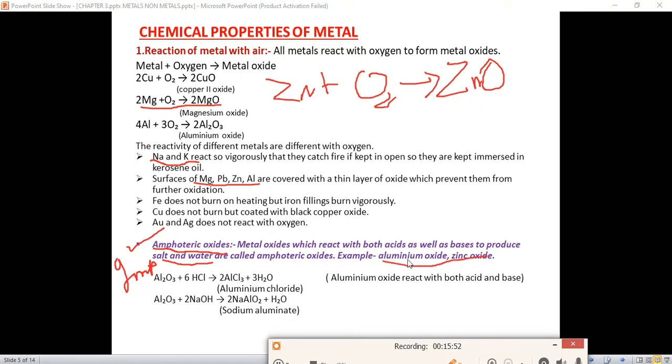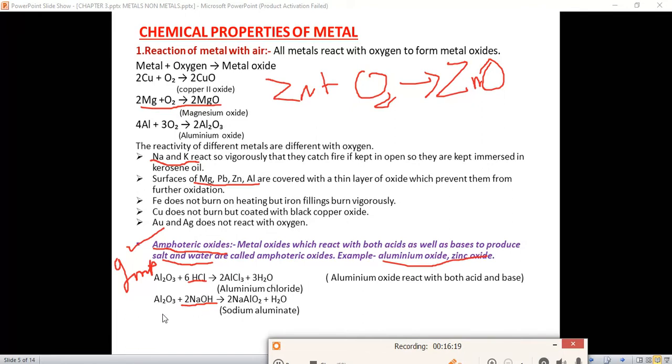How will you prove that aluminum oxide is an amphoteric oxide? With two reactions, we can prove it. We'll show the reaction of aluminum oxide with an acid first, and then the reaction of aluminum oxide with a base. Al2O3, aluminum oxide, reacts with hydrochloric acid HCl to form AlCl3 plus H2O, aluminum chloride plus water, salt and water.